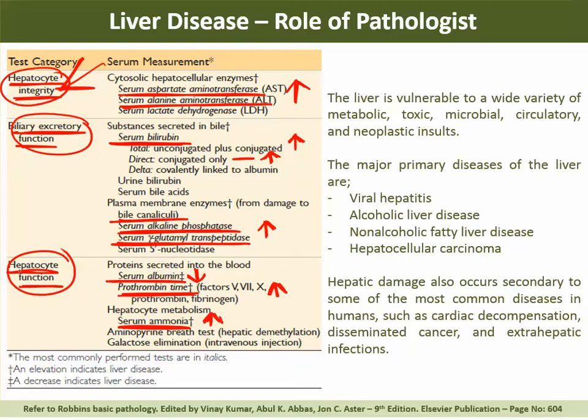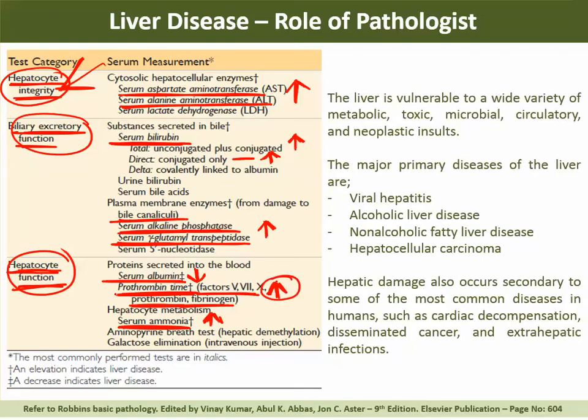If hepatocyte function is impaired, serum albumin will be decreased because the liver synthesizes albumin, and prothrombin time will be increased because the liver produces clotting factors 5, 7, 10, prothrombin and fibrinogen. So these clotting factors will be reduced, which will lead to bleeding. That's why the prothrombin time is increased.